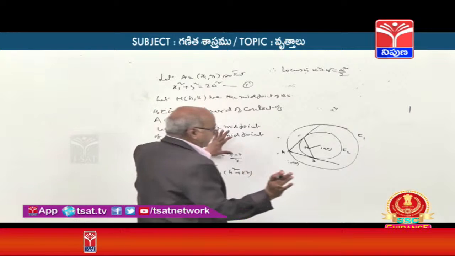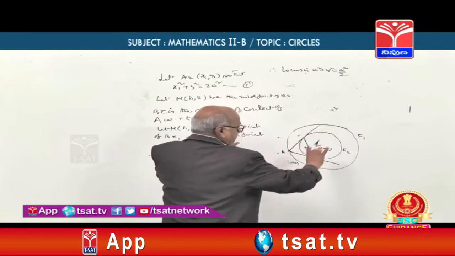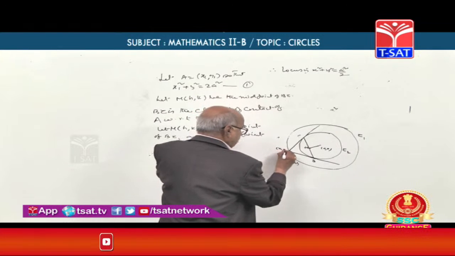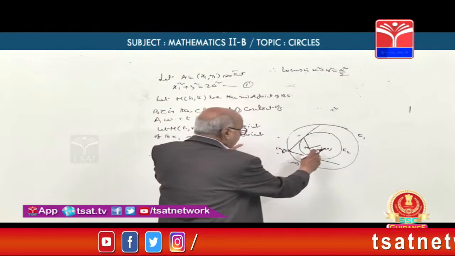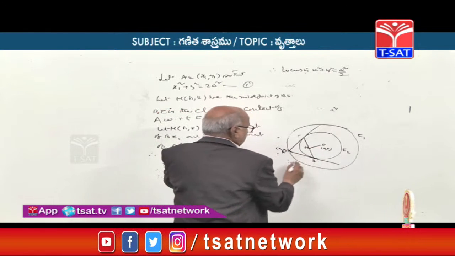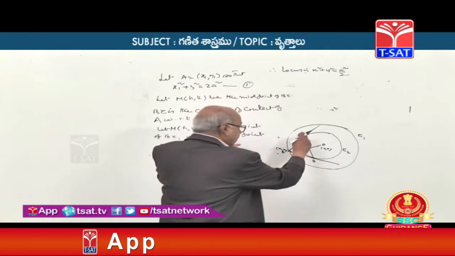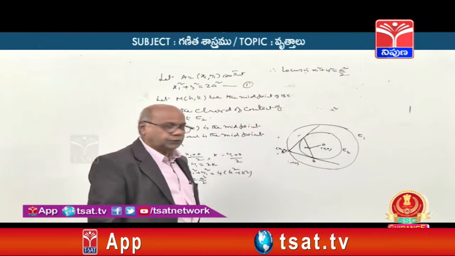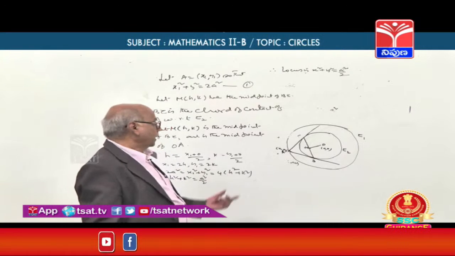Please, once again I am explaining this one. This A is on the director circle, so x1 square plus y1 square is equal to 2a square. Now, if you join A to the origin, that is the center, then it will cut BC in the midpoint, which is the circumcenter of triangle ABC.